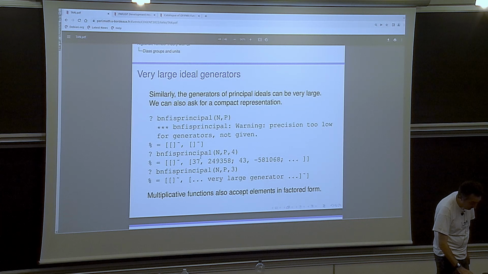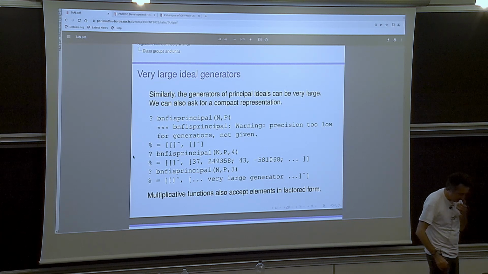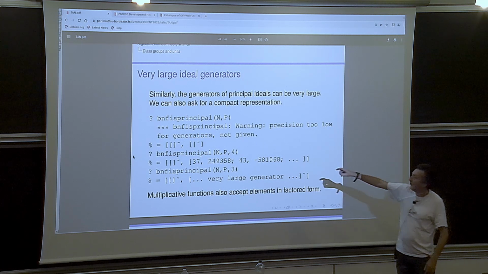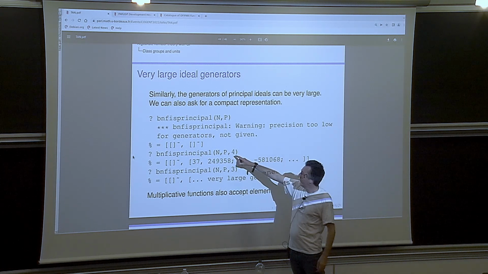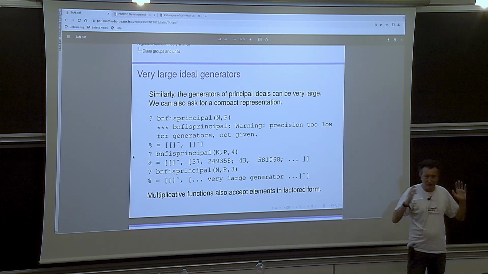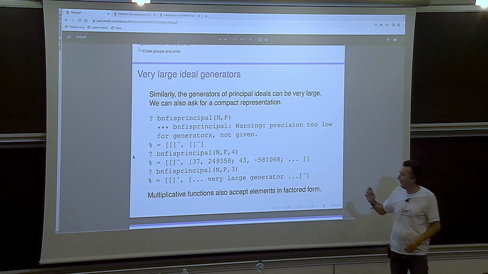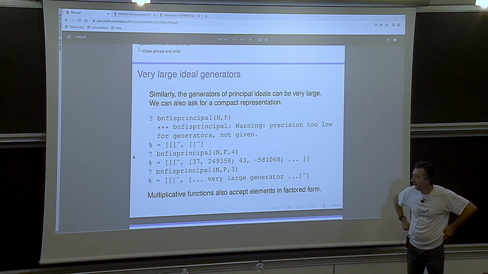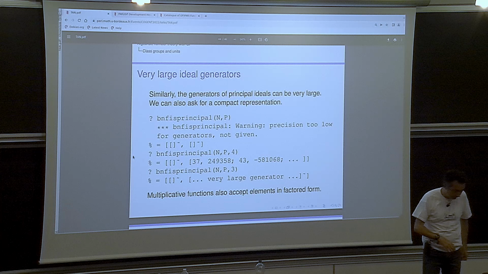You can also have, unfortunately, very large ideal generators. So there is a flag, 4, which avoids writing down the generator explicitly, giving only a product of elements with exponents. Otherwise you could get very, very large generators for the same reason.